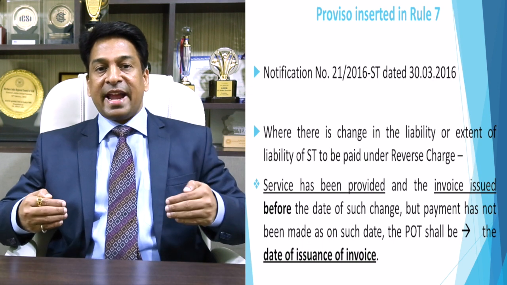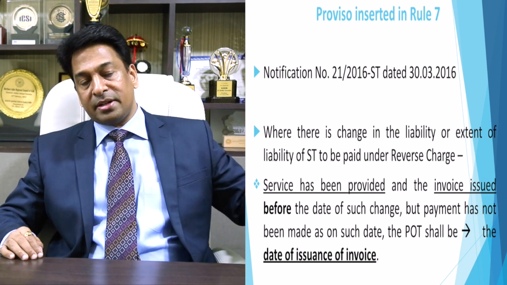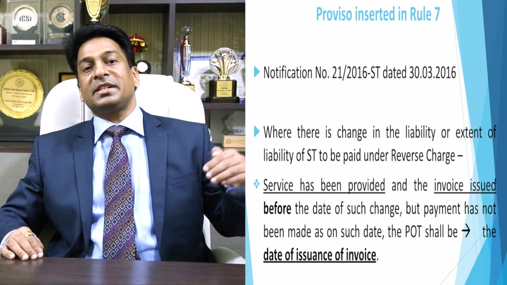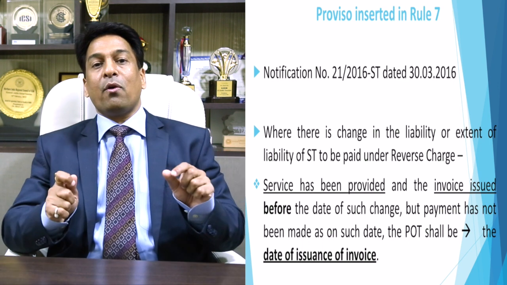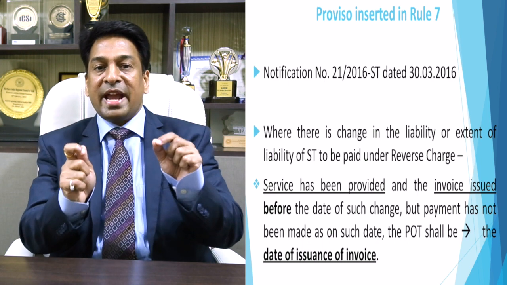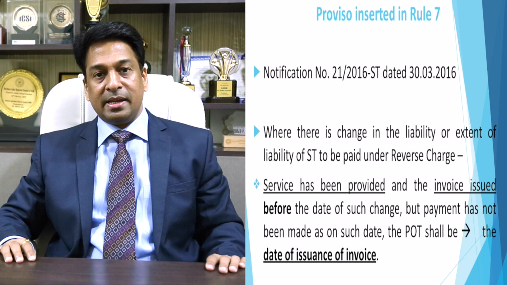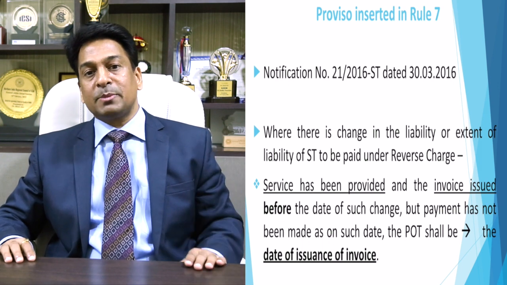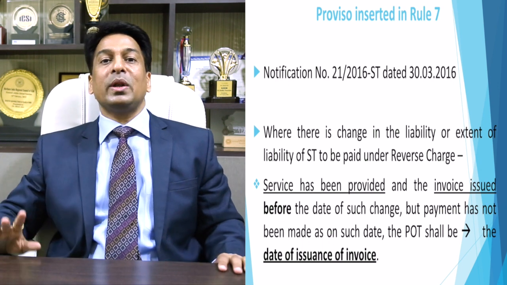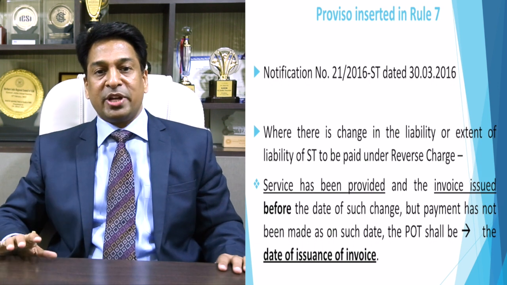So this proviso says if service is rendered, invoice is raised before such date of change, then the POT would be date of invoice provided payment is made only after such date of change.